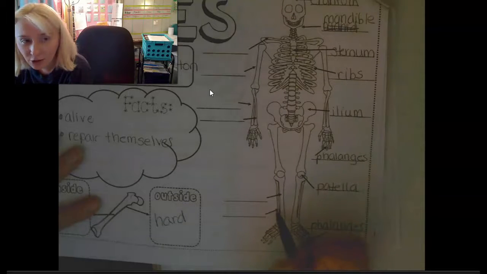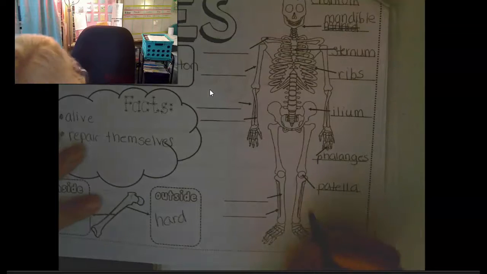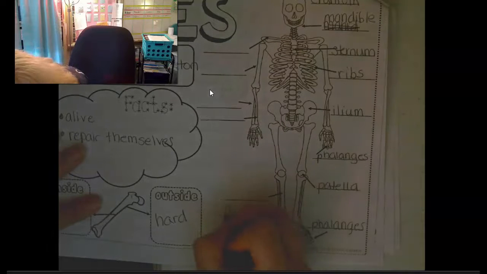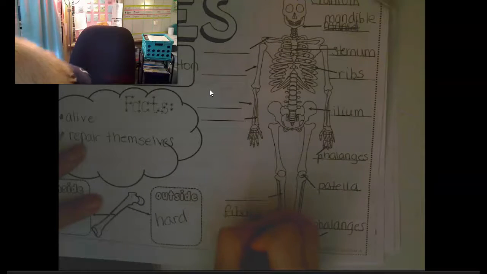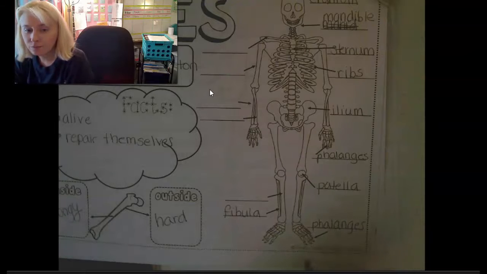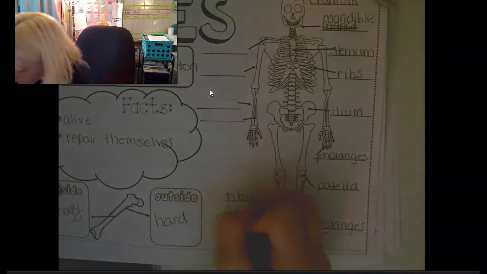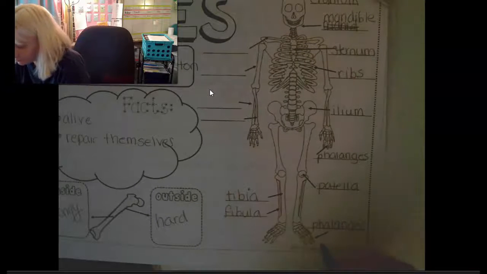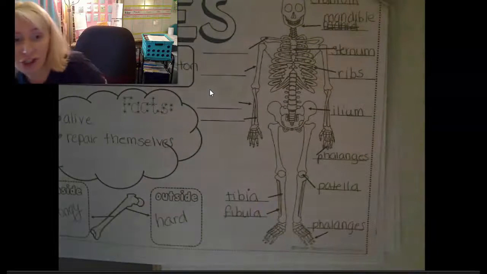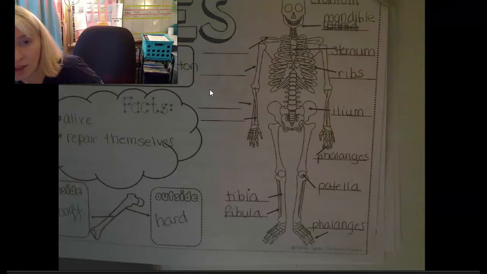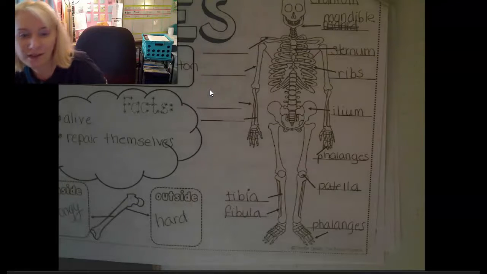This thinner bone is the fibula. The one right next to it, the thicker, bigger bone, that is the tibia, which is our shin. When we touch our shin, that hard, firm area there, that's our tibia.